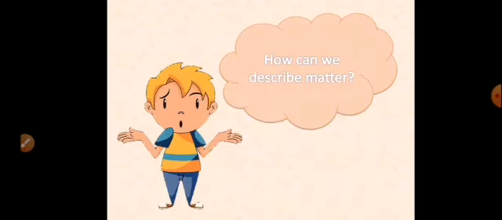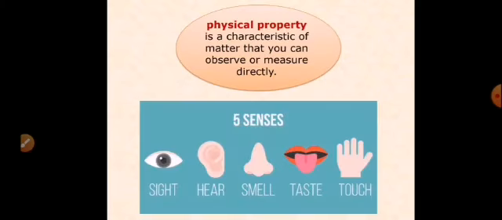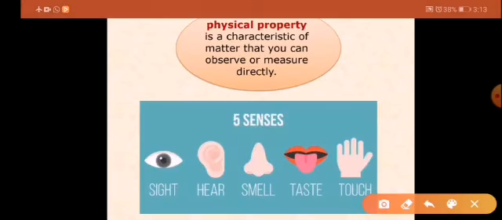Okay, how can we describe the different matter? If you look at the different matter around you, how can you describe them? We can describe matter by something called physical properties. A physical property is a characteristic of matter that you can observe or measure directly.